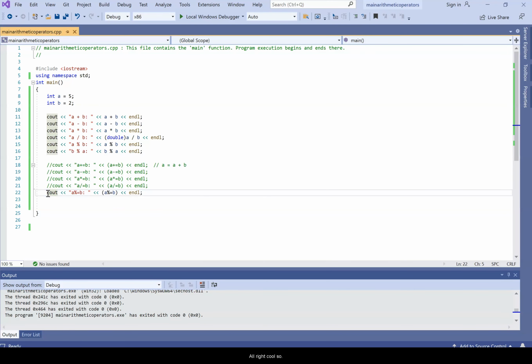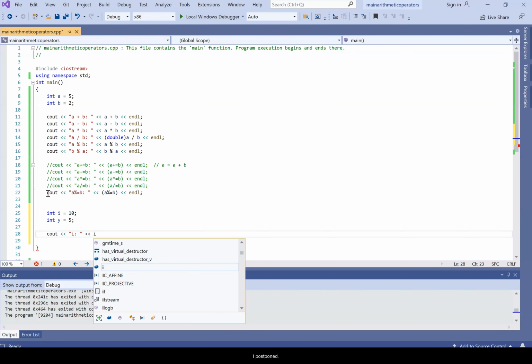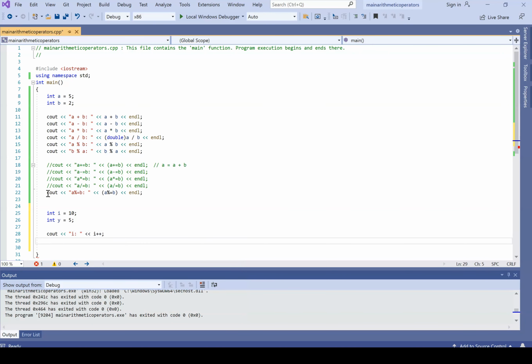All right, cool. And then the last two I want to go through. Let's say I had int i, and that was equal to 10. And I had int y equals, I don't know, 5. So if I do cout i, and I do i plus plus, and if I do cout, now let's make these the same thing so you can see what's going on.